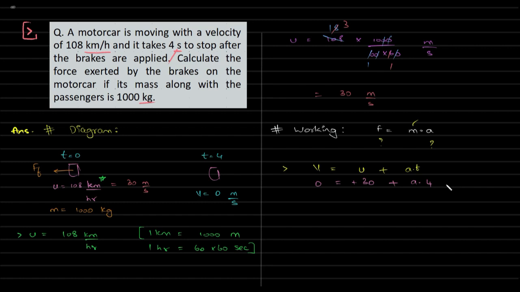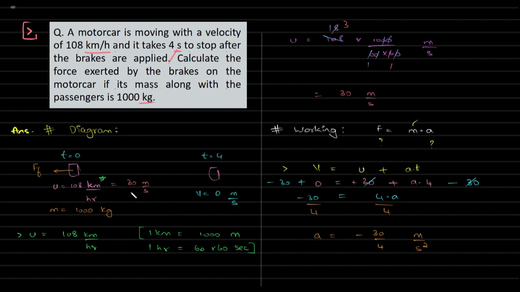So we need to subtract 30 from both ends. We have minus 30 is equal to this, and this gets cancelled, and we have 4 into A. Let's divide by 4 at both ends. So A is equal to minus 30 by 4 meter per second square. This would be your acceleration. Deceleration. Why? We got a negative answer.